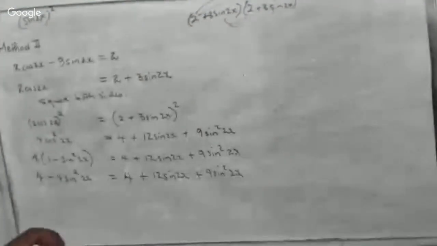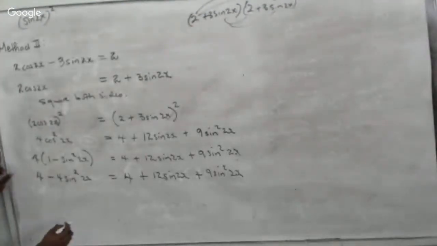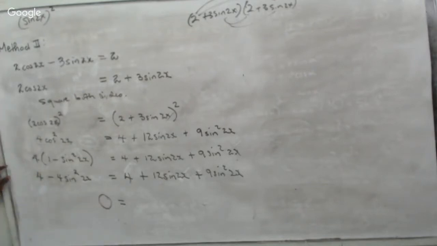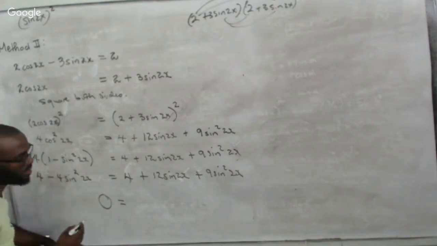I'm bringing everything to my right hand side, because in solving a polynomial, 0 must sit on one side. If I bring one term to one side, I must bring everything to one side. What dictates which side? I look at the term with the highest power, because I want that to be positive. And I will always write in decreasing powers.